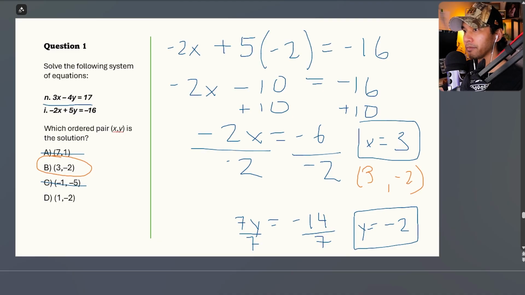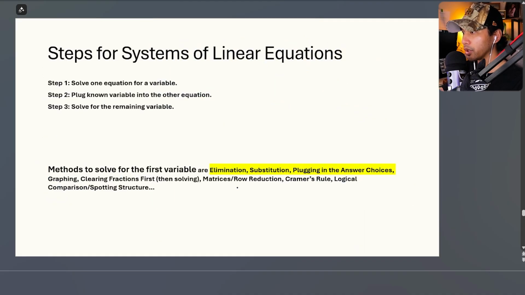The only methods that you'll really need to know are elimination, substitution, plugging in the answer choices, and clearing out fractions. But again, that's not really a method. That's just something you do. That's basic algebra. So really, it's just elimination, substitution, and plugging in the answer choices. That's it. That's all I have for you guys.